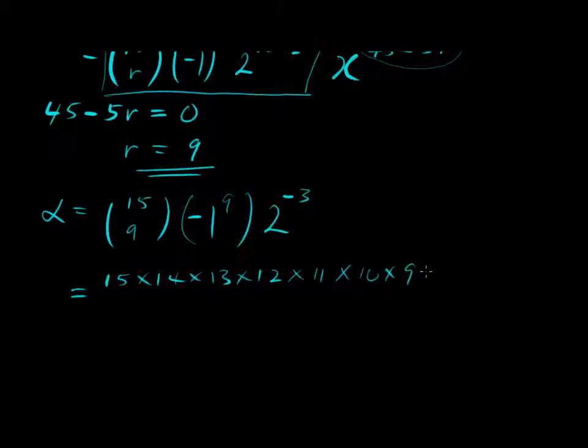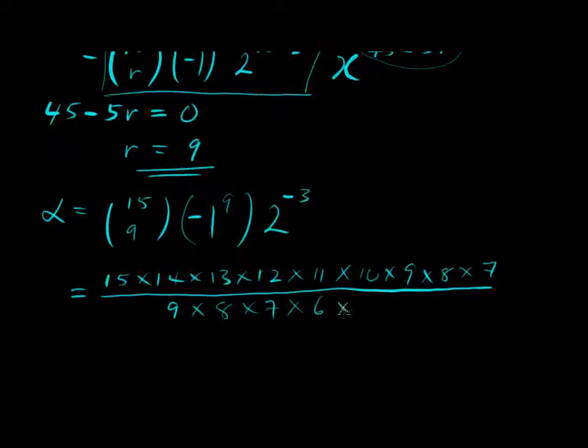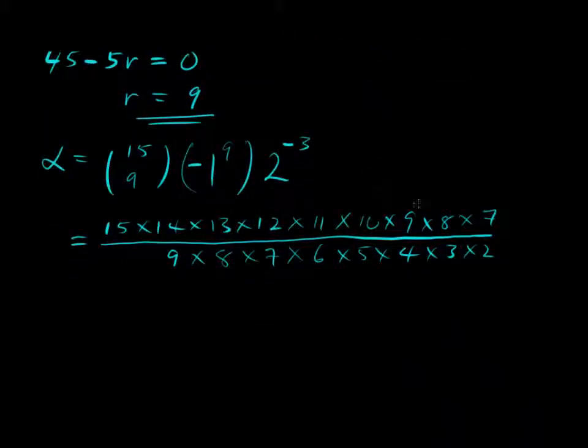Then divided by 9 factorial, so 9 times 8, 7, 6, 5, 4, 3, 2, and of course we can neglect 1. There's a minus sign in front of everything because (−1) to the power of 9 is equal to −1, and 2 to the power of −3 is nothing more than 1 over 8.